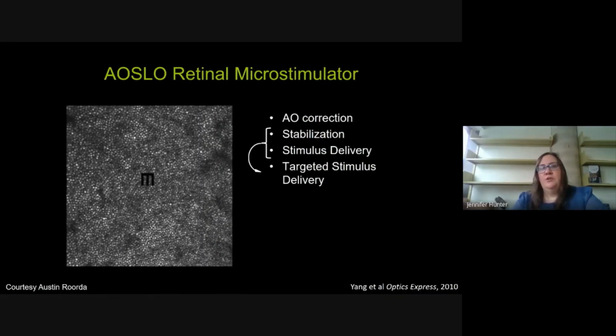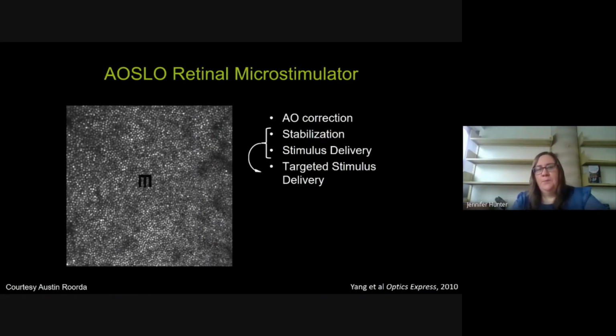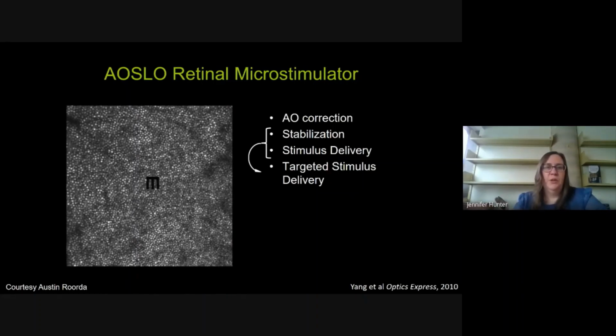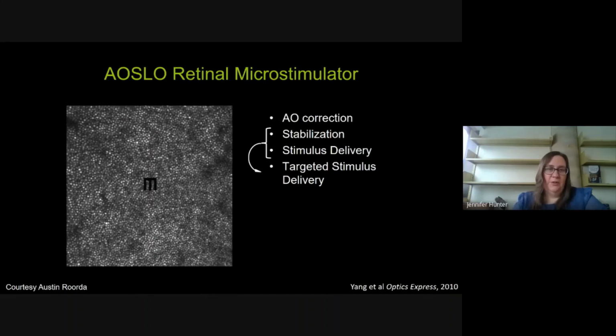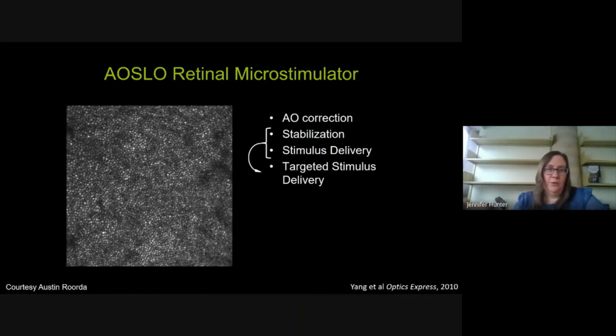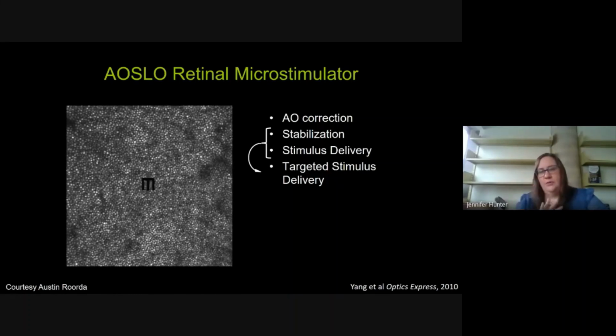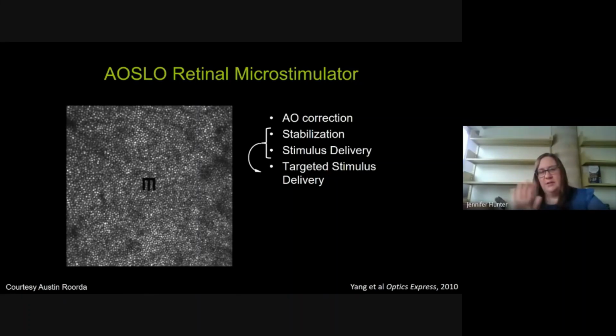But with AOSLO, we can do microstimulation, similar to AO psychophysics, targeting and sending in a specific letter and stabilizing it on the photoreceptor mosaic.